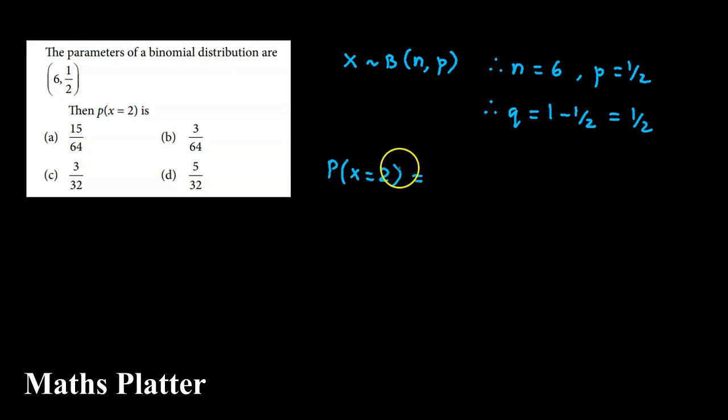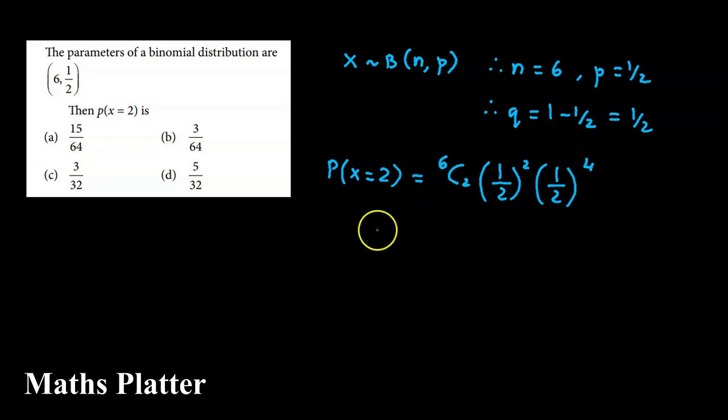Now applying the formula for binomial distribution, ये p at x equal to 2 आएगा 6C2 into half raised to 2 into half raised to 6 minus 2 that is 4. Let us simplify this. ये हो जाएगा 6 into 5 upon 2 into 1 into half का square that's 1 by 4.